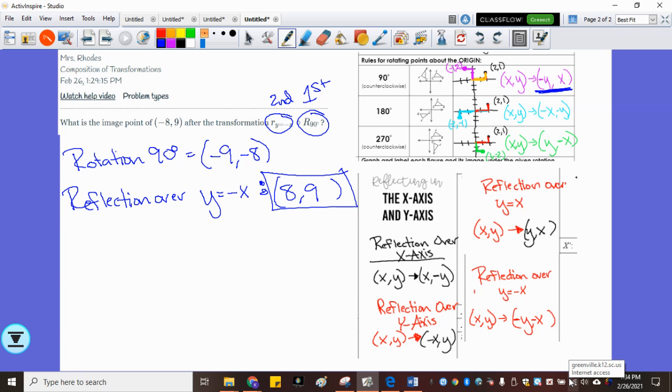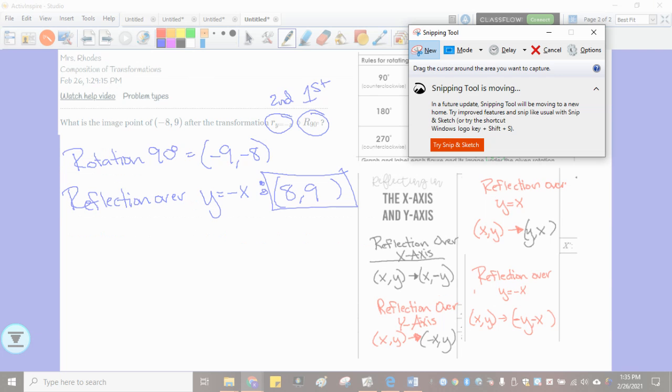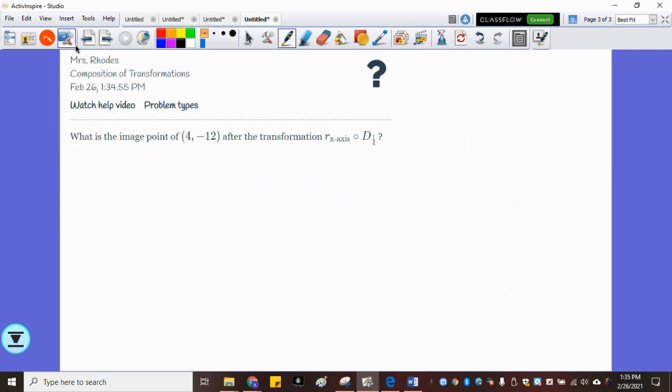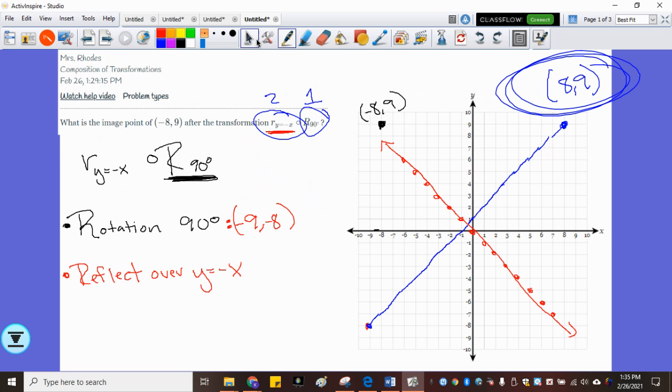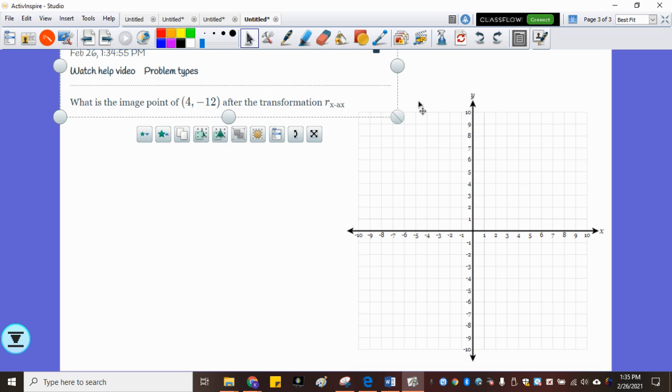All right, I'm going to do one more. How about a dilation? Oops. I did it too quickly. Do not waste your time. Dilation.